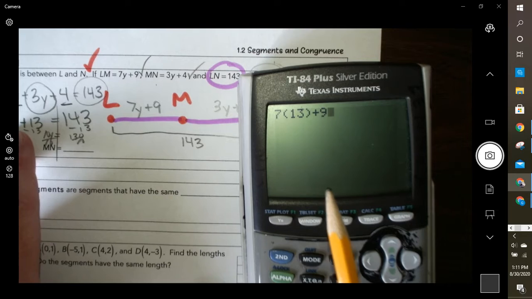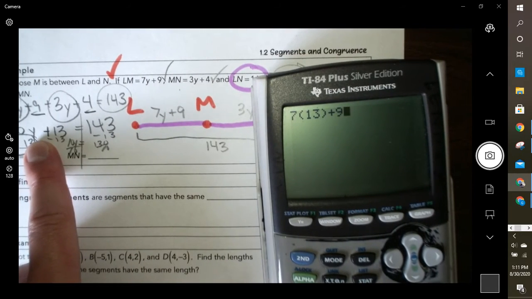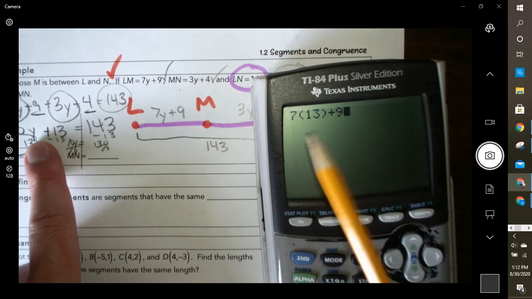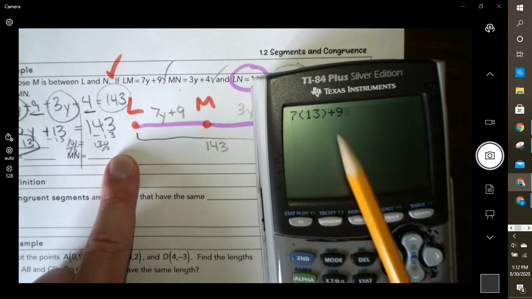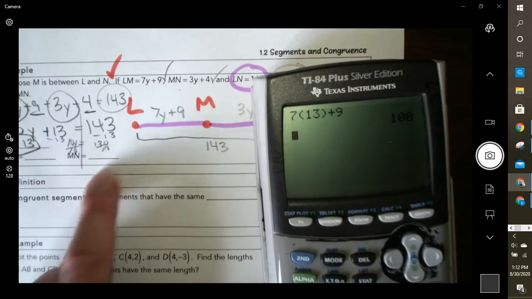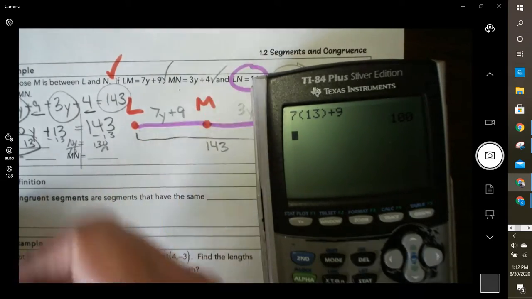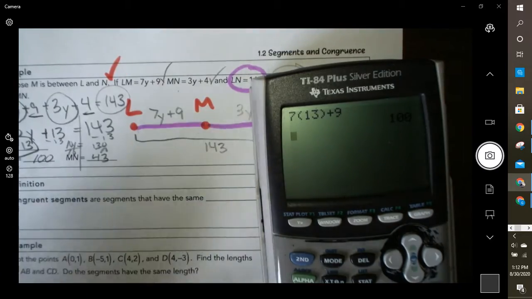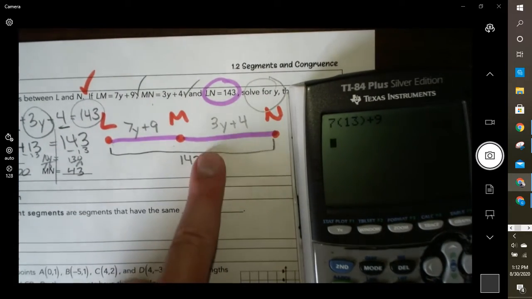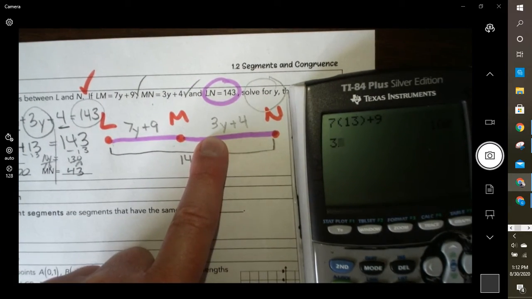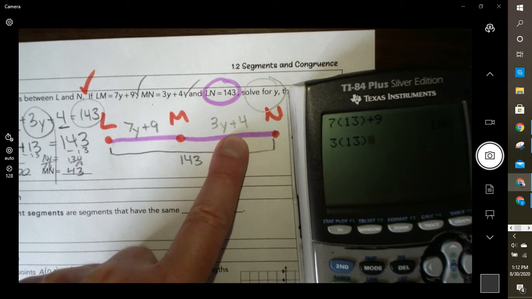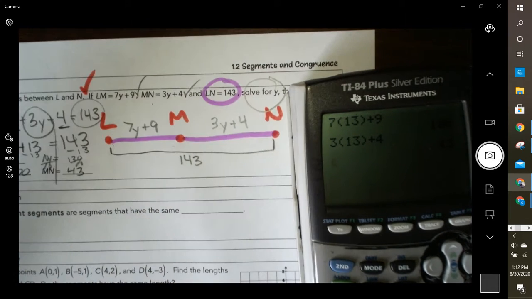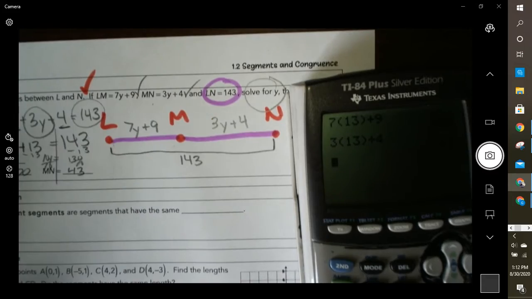Whenever you're substituting in a variable for whatever that number is, especially when you're using one of these calculators, use these parenthesis keys. Enter will give you equals. Looks like LM would be 100, which MN should be 43 then, but let's just double check. 3 times 13, so 3, open parenthesis, 13, close parenthesis, plus 4. And we do get 43, it checks.